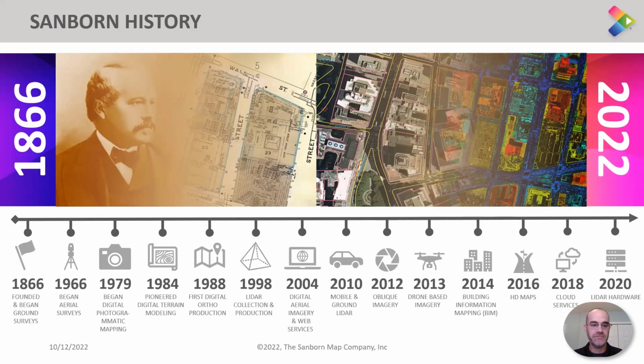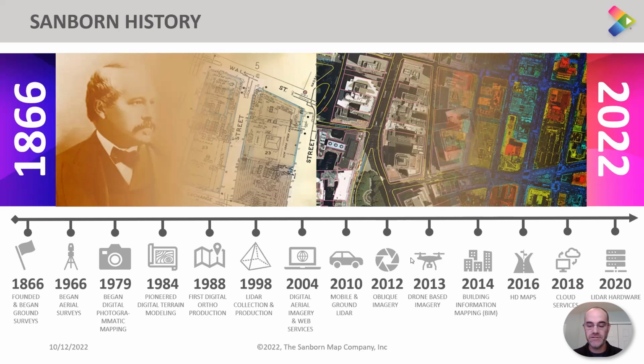Just a really brief look at who Sanborn is. Sanborn was founded in 1866. We're the oldest mapping company in the U.S. Some of you may be familiar with our fire insurance maps that are now historical documents in the Library of Congress and still out there really being utilized today in a historical sense. But obviously since then, we're now in the digital age.